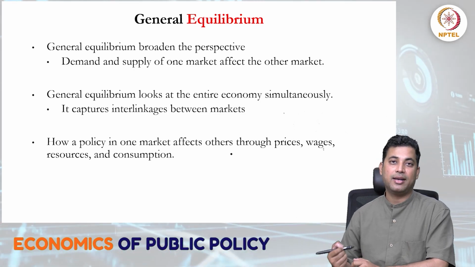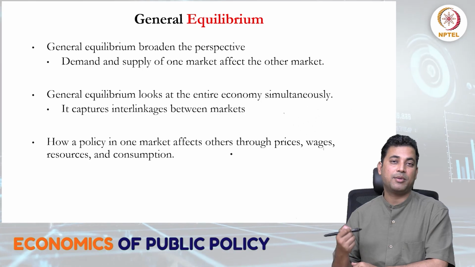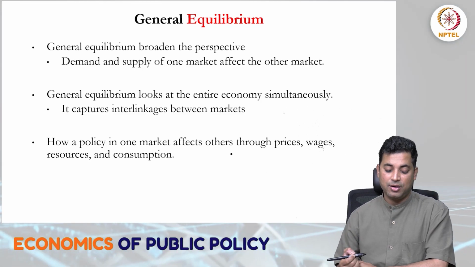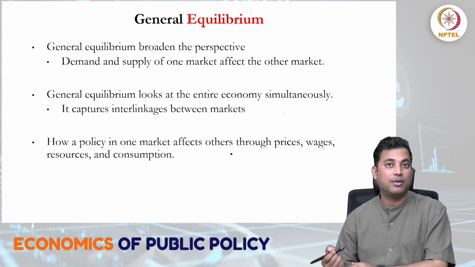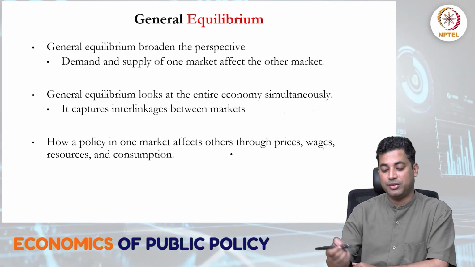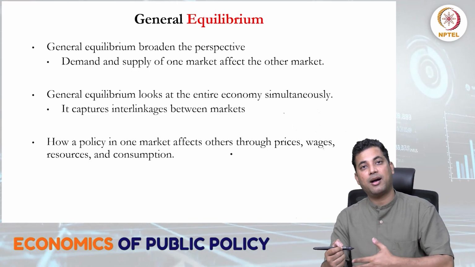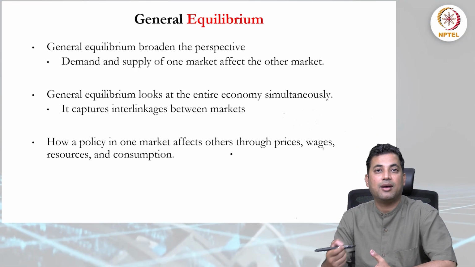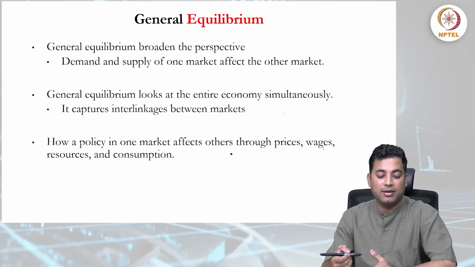So it is about changes in the price of one commodity, and what the demand or price impact is on the other commodities. So two markets are actually impacting each other. One market is affecting others and vice versa.